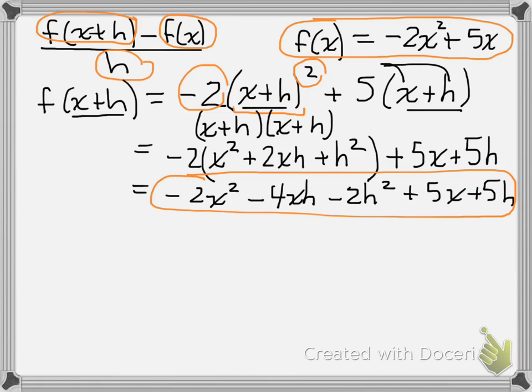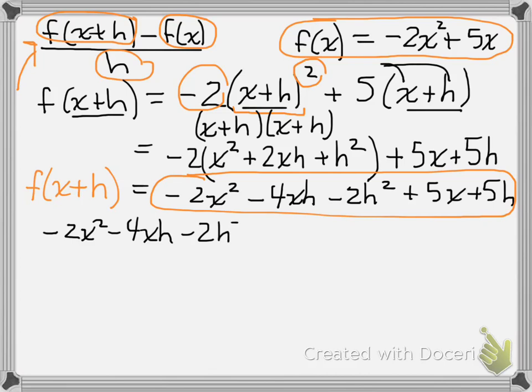Well, so now we do know what f of x plus h is equal to, and now that we know that, we can go back to our original formula, and we're going to substitute in what we've just found, and let's just go ahead and write that whole big thing out. So f of x plus h is going to be minus 2x squared minus 4xh minus 2h squared plus our 5x plus 5h.